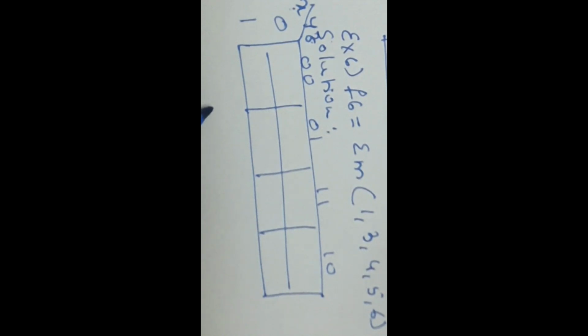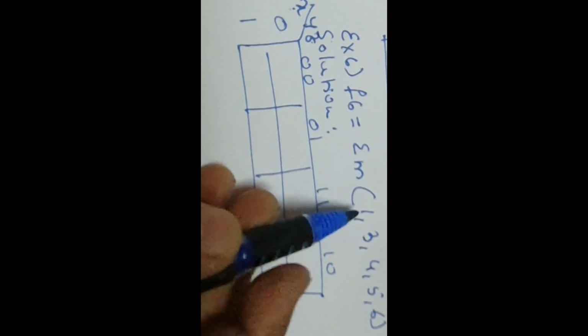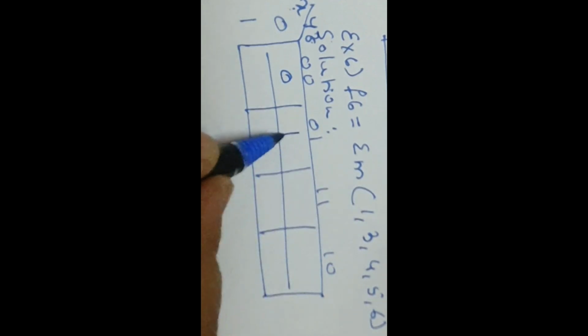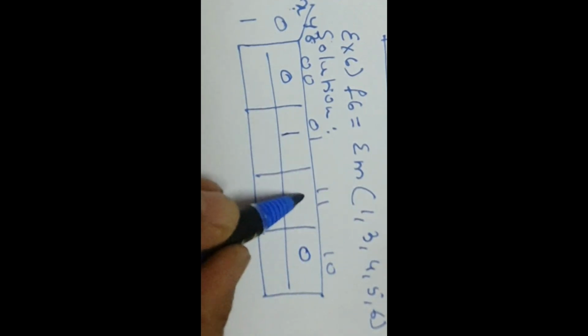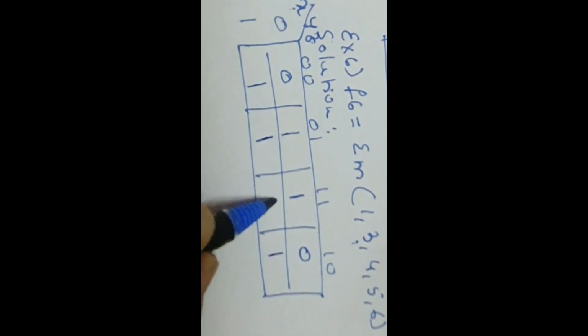So drawing the K-map is over. Now we have to fill the minterms. M0 is not present, M1 is present, 2 is not present, 3 is present, 4 is present, 5 is present, 6 is present, 7 is not present. Filling the K-map is over.